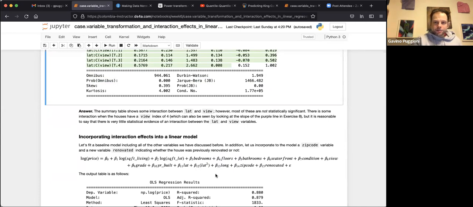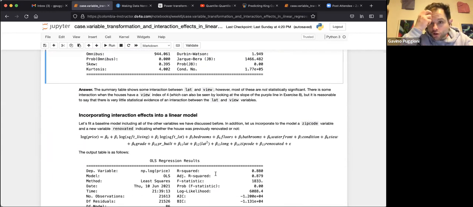So now let's use what we have learned about interaction in the bigger model that we started estimating. And then we're going to look also at AIC, if indeed it has improved.